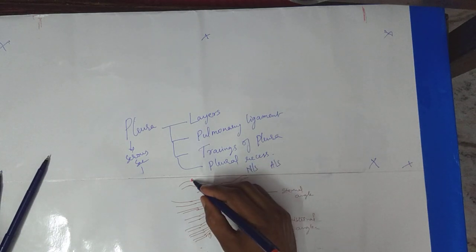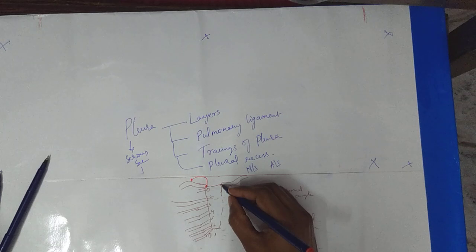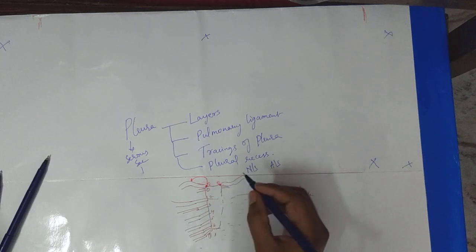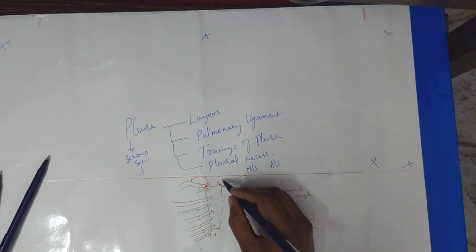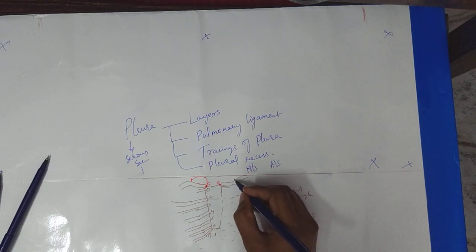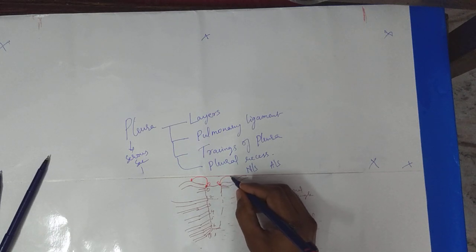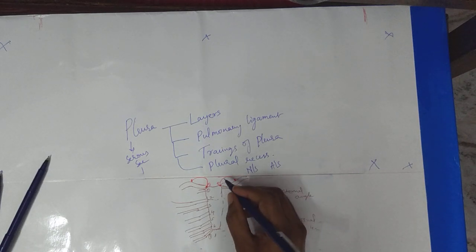If you draw a curved line with convexity facing upwards, this is the surface marking of the cervical pleura. So this is your right and left cervical pleura.